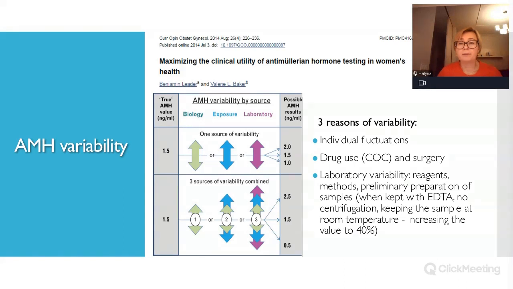But when we measure AMH, it is always necessary to think about some kind of laboratory variability of this measurement. It may be due to pre-laboratory preparation of blood, some temperature conditions, or the laboratory tests which they are using.